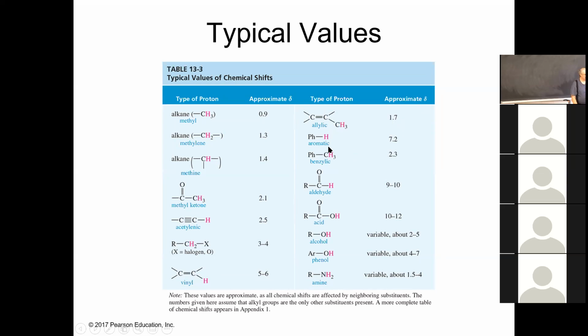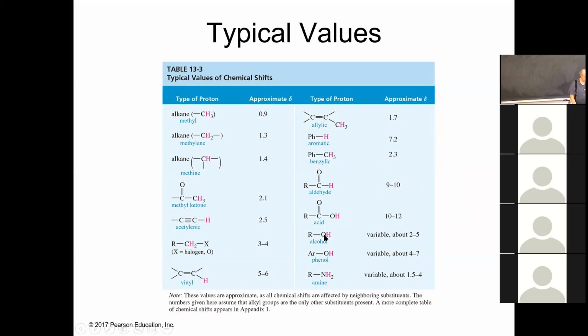Hydrogens attached directly to a benzene ring are considerably downfield, around 7.2. And benzylic protons, again one carbon removed from the benzene ring, about 2.3. Aldehyde and carboxylic acid protons are going to be way downfield, 9 to 10 for aldehydes, about 10 to 12 for carboxylic acids.